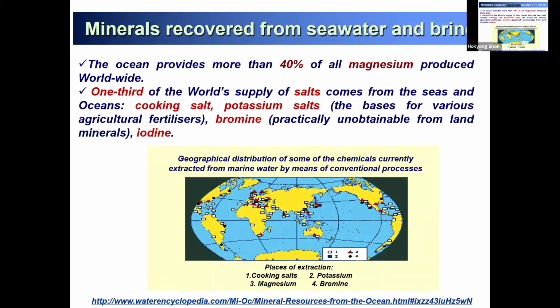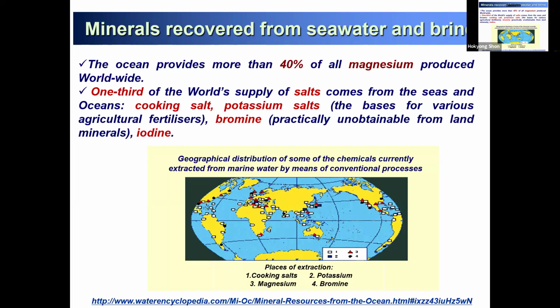Also, this is the mineral recovery. So you can see the magnesium, 40% from ocean. In fact, magnesium is produced from seawater. Yeah? Why not from brine? So we can also combine our magnesium recovery with the seawater desalination brine.